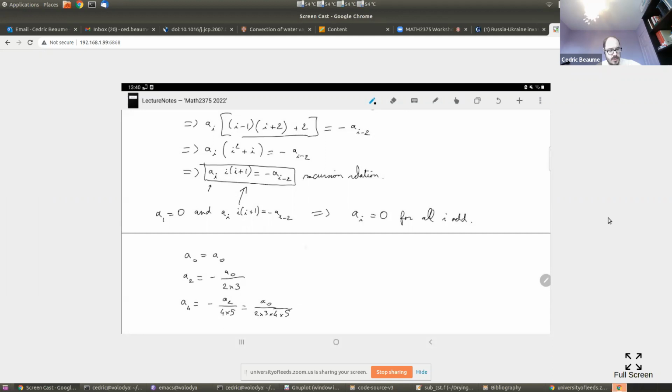So what you see there, in fact, is that this is going to be minus a0 over 3 factorial. This is going to be a0 over 5 factorial. So a_i is actually equal to, sorry, it's going to be the even, you need to be thinking about this carefully. It's only even i, so I'm going to reset this for 2i, right?